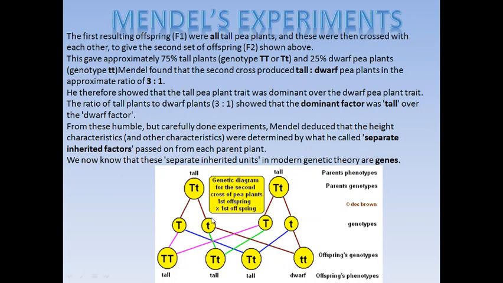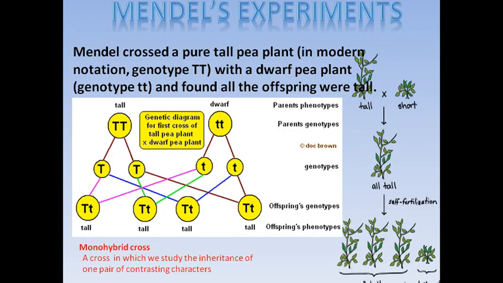And see, here there is one exception: if small t fuses with small t of the other parent, then the resultant offspring will have the genotype small tt. So Mendel observed that 75% of the F2 generation were tall and 25% of the F2 generation were dwarf.